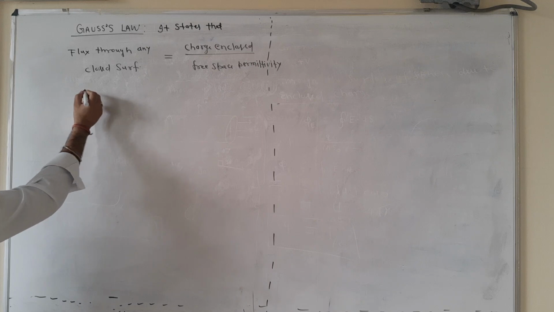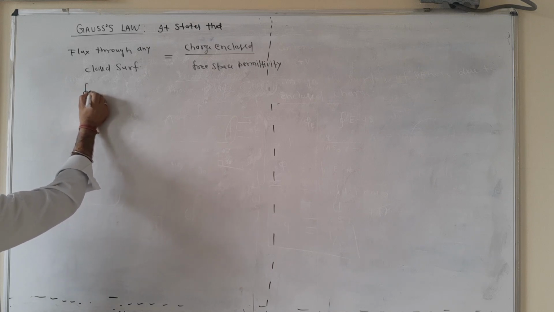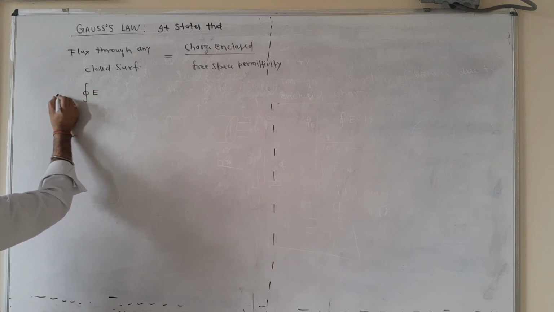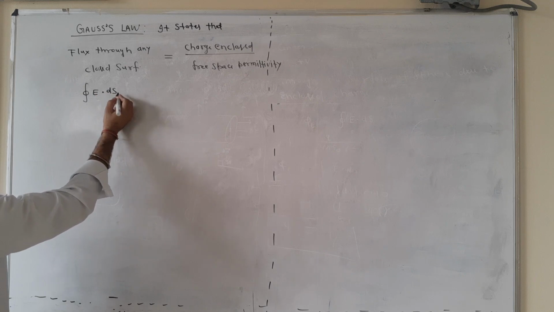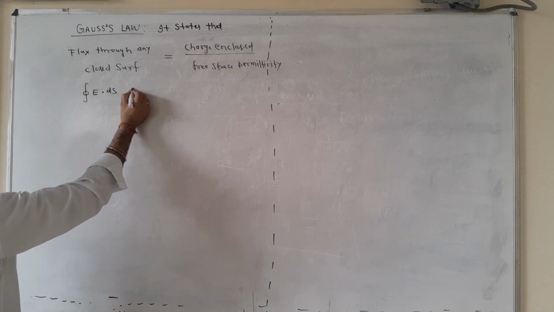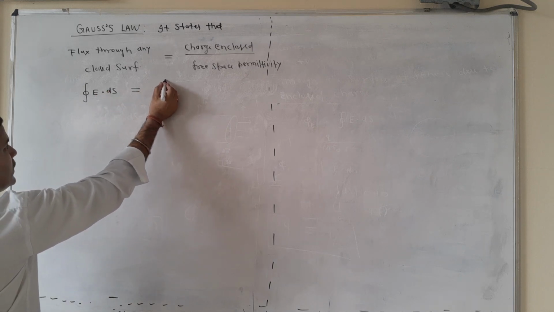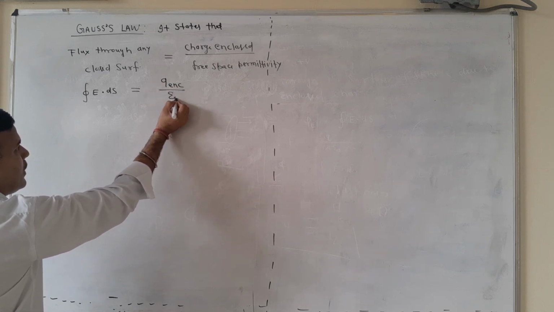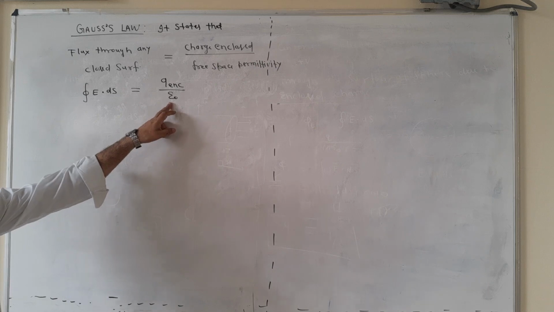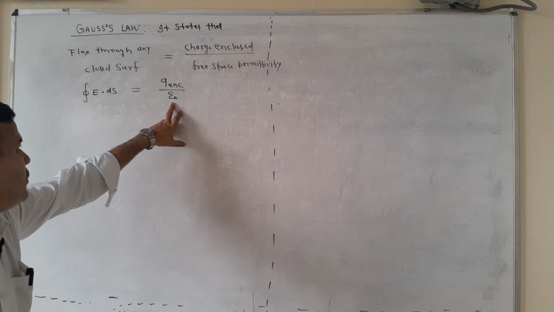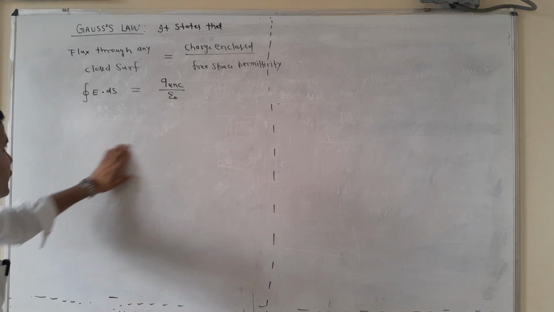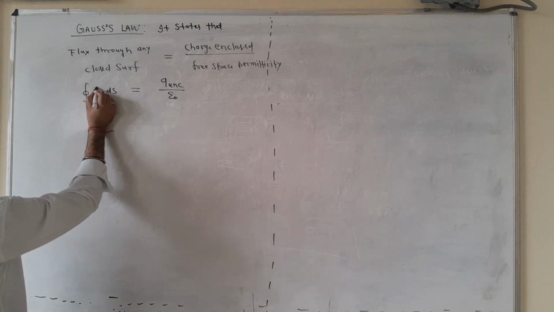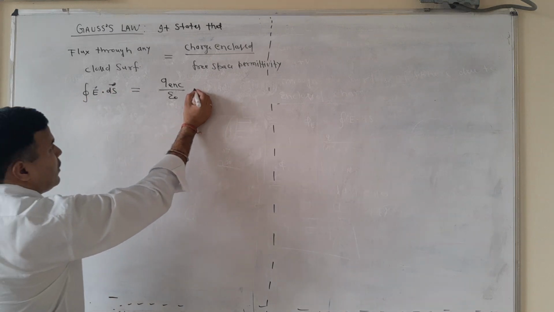So mathematically we can write it as: flux through any closed surface is basically the integral of E dot dS over the surface, and this is simply the charge enclosed in that surface divided by the free space permittivity, epsilon 0.